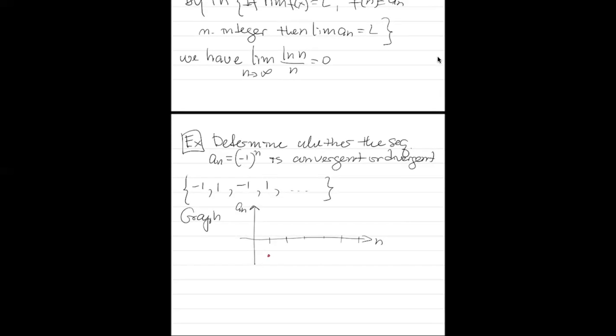If n equals 2, you have 1. N equals 3, -1. As you can see, it alternates. Okay, so it oscillates between 1 and -1. So obviously, the limit does not exist. And this is divergent.